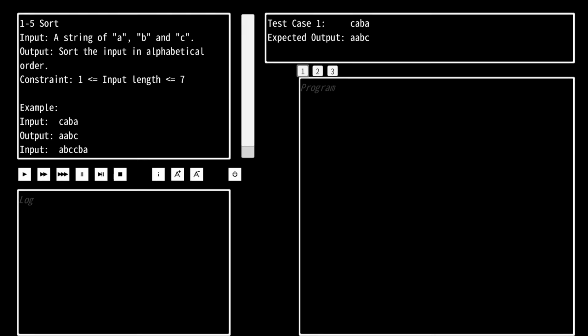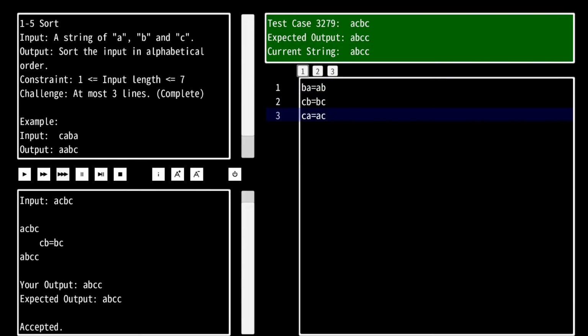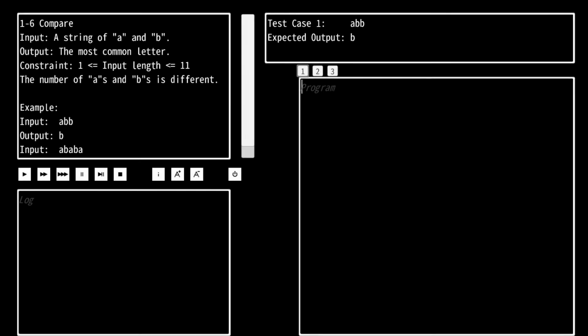Sort. Sorting is really easy, right? You just take any comparison and you put it in the correct order. Doesn't even really matter what order you put it in. Like it'll sort itself out. Compare.